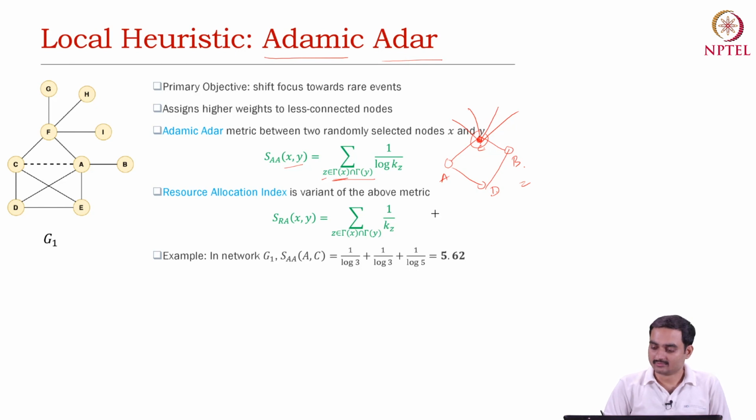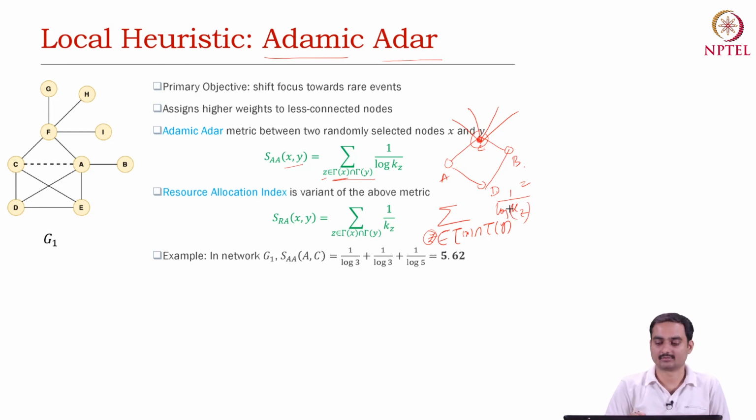The metric says that we take the sum over the intersection of the neighbors of x and y, and z is one such common neighbor, we take 1 by kz. kz is the degree of z. So the higher the degree, the lower the importance. Of course, we take the log because we want to dampen the effect.